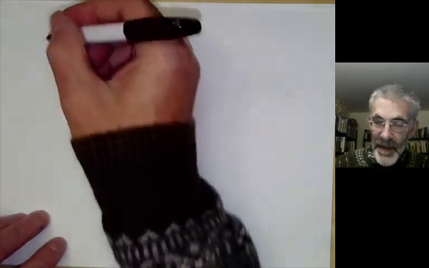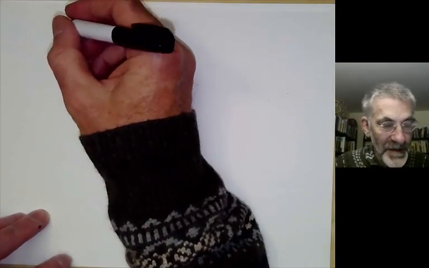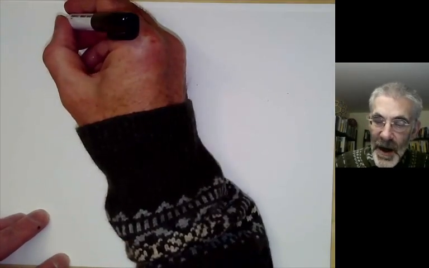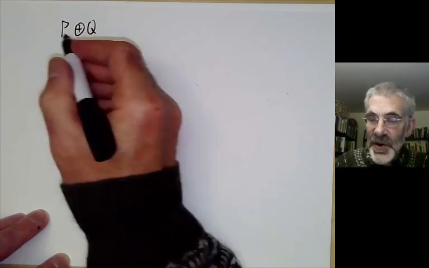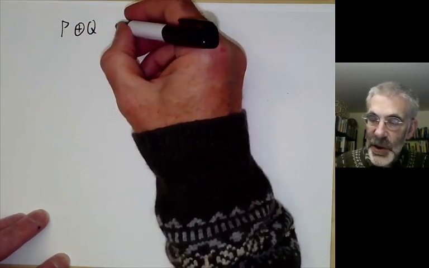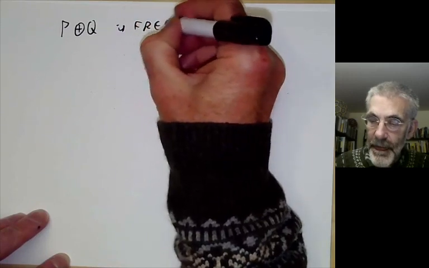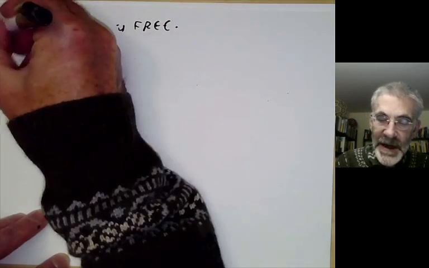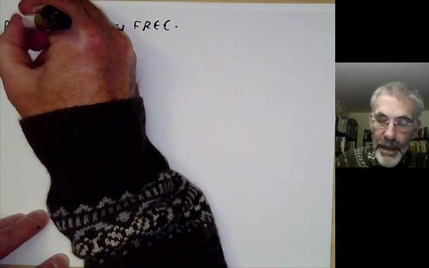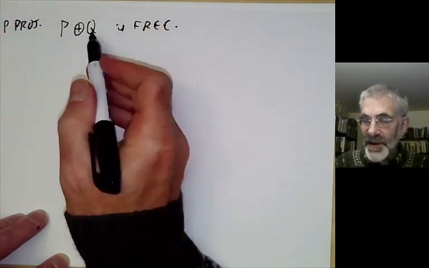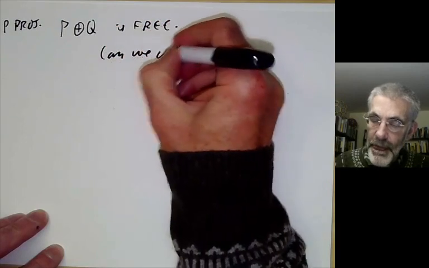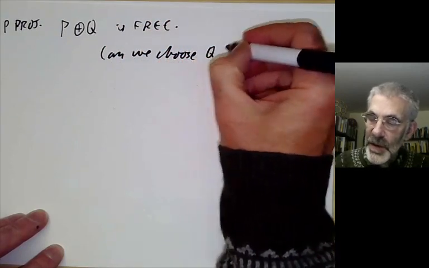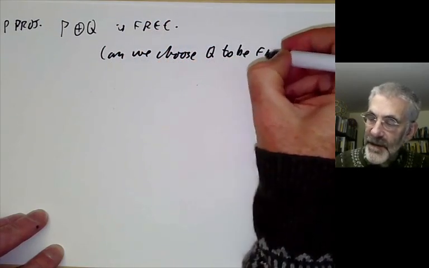For the next example, I'll first start with some motivation. We said that if P is projective, then we can find another projective module Q such that P plus Q is free. Can we choose Q to be free?